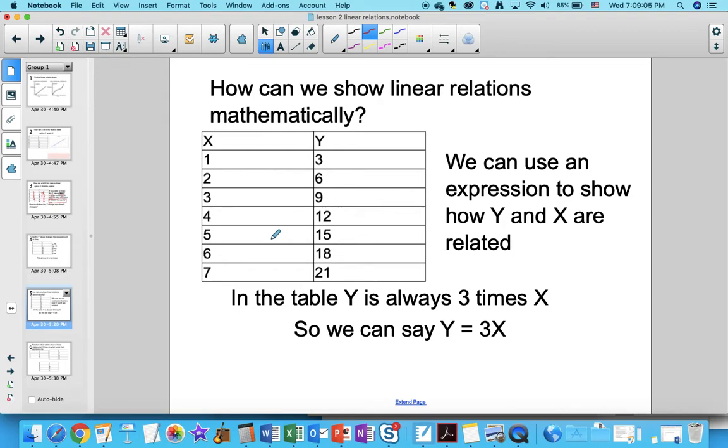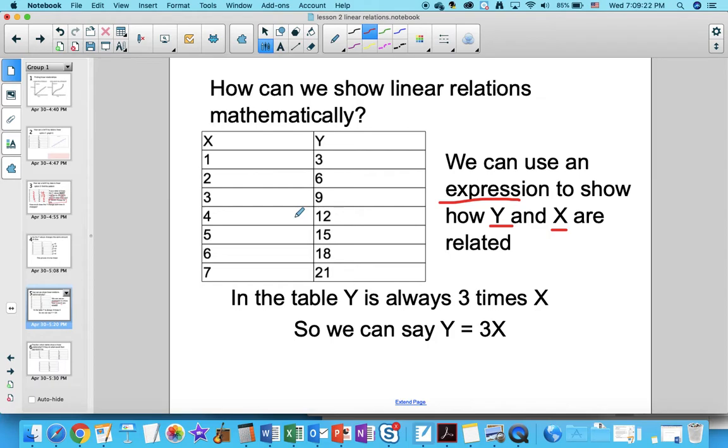So how can we show a linear relationship through math? Well, we can use an expression. This expression will show how y and x are related. Let's take a look at this table. How are x and y related?